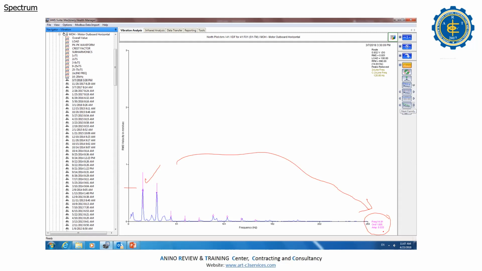We have the cursor 0.5x, and we have also here the overall. I don't know the ACOM, but this is the CSI 2140, almost the same, right?